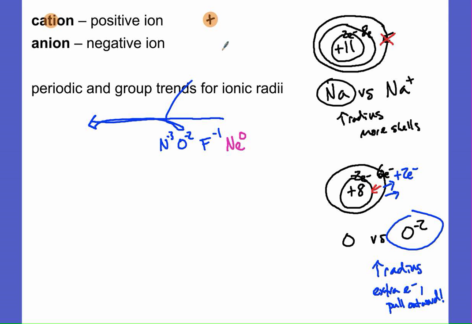So as I go from right to left actually, so I'm going to make my arrow that direction, these ionic radii get larger. And the reasoning is that fewer protons lead to less pull.